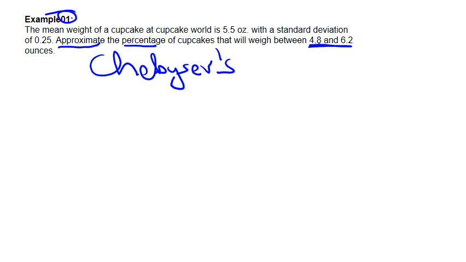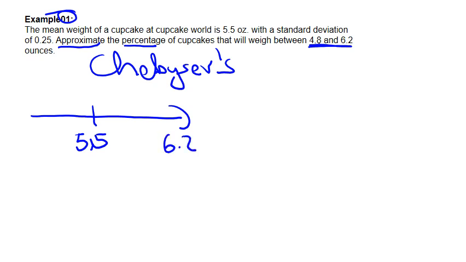So I have my interval, centered at 5.5. I need one of my endpoints, which is 6.2. Again, if you look at 4.8, you're going to have the same distance. That distance is 0.7. But anyway, that's the distance.